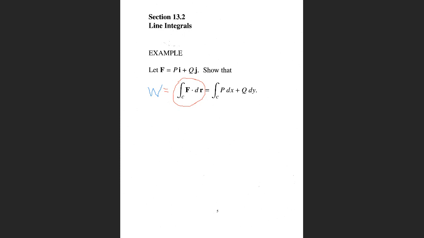Okay, what does this notation mean here? This notation stands for the sum of two line integrals.